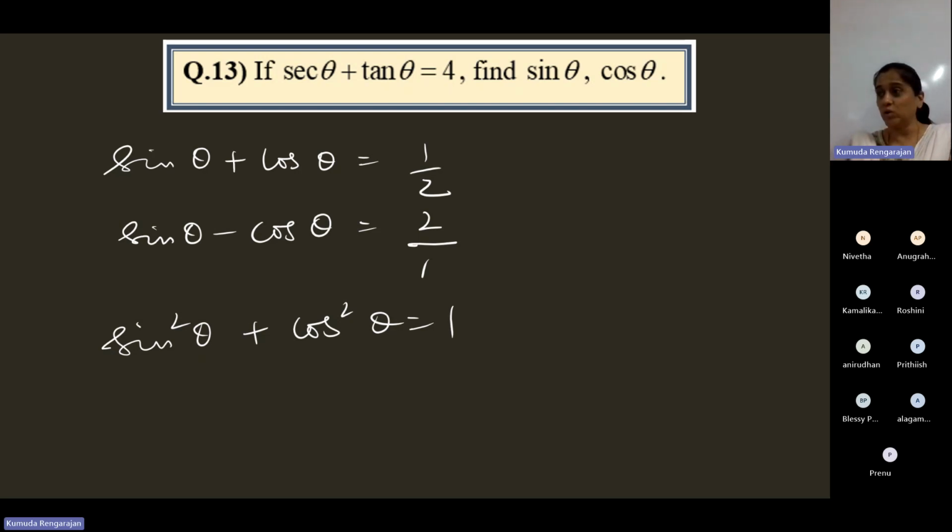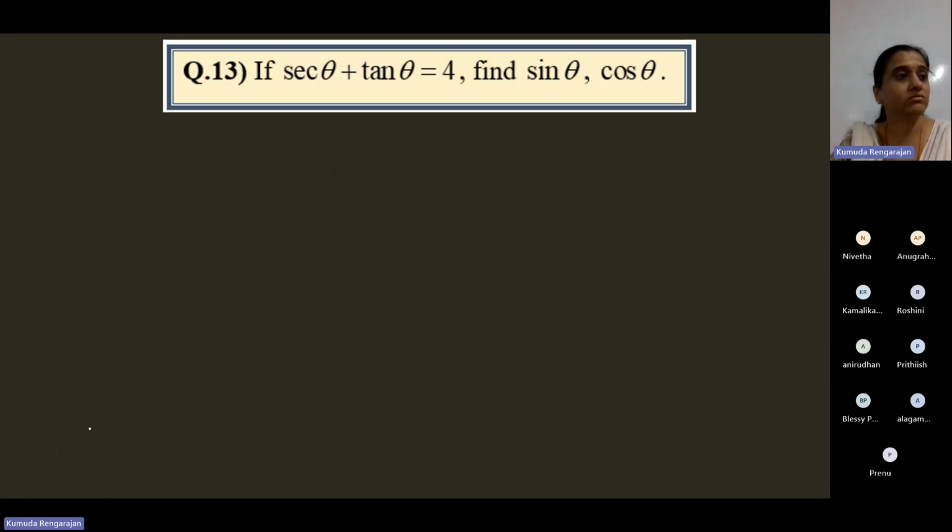In this case I told you, you should use that identity: a plus b the whole square plus a minus b the whole square is equal to 2 of a square plus b square. If sine theta plus cos theta is given and you have to find the value of sine theta minus cos theta, use that identity. It will not be reciprocals here because the identity is sine square theta plus cos square theta. But the other two identities are of the form a square minus b square.